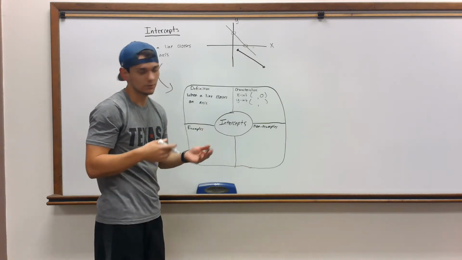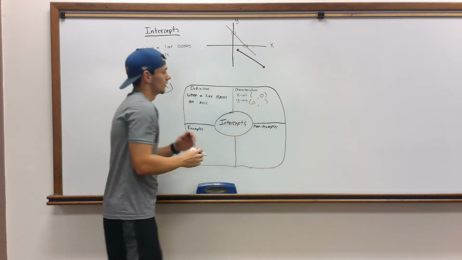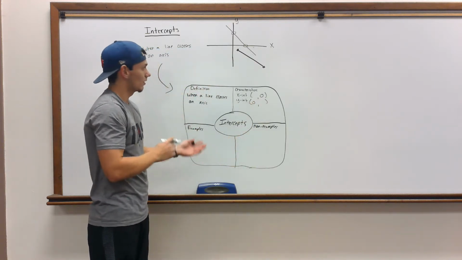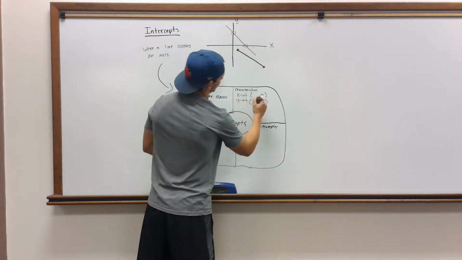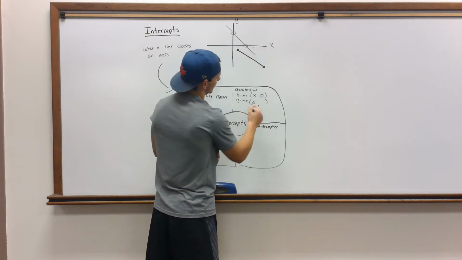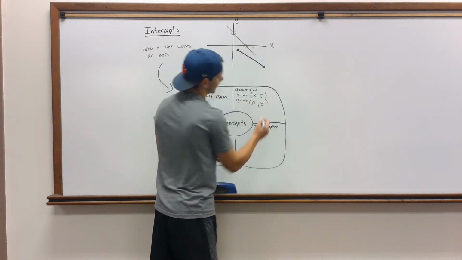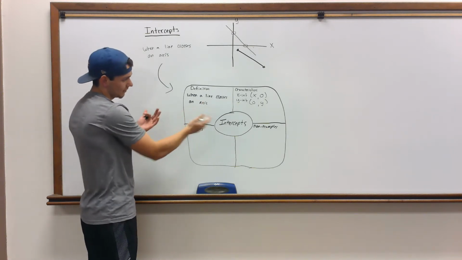The opposite goes for the y-intercept: x is always going to be 0. Regardless of what function or graph it is, whenever it crosses the x-axis, there's just going to be x, and then y is 0. When it's a y-intercept, x is 0, and then whatever y may be. So that's an example.